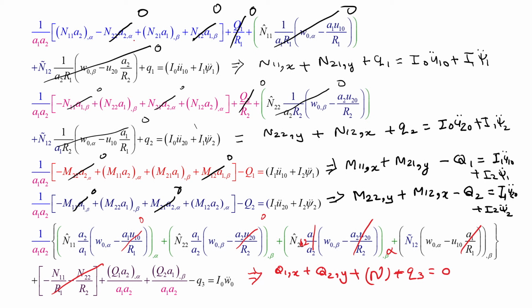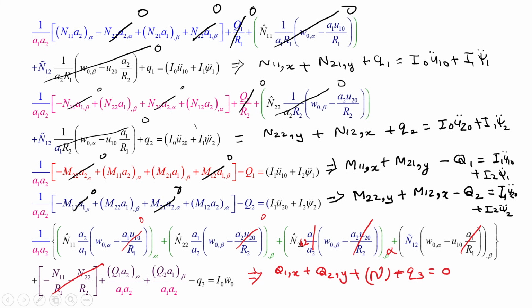So a2 is 1, and its derivative is 0. Then n21 a1 comma beta. Next n12 a1 comma beta. A1 comma beta means again taking the derivative of the first Lamé parameter with respect to y, which gives 0, plus q1 by r1. r1 is infinity, 1 over infinity is 0.